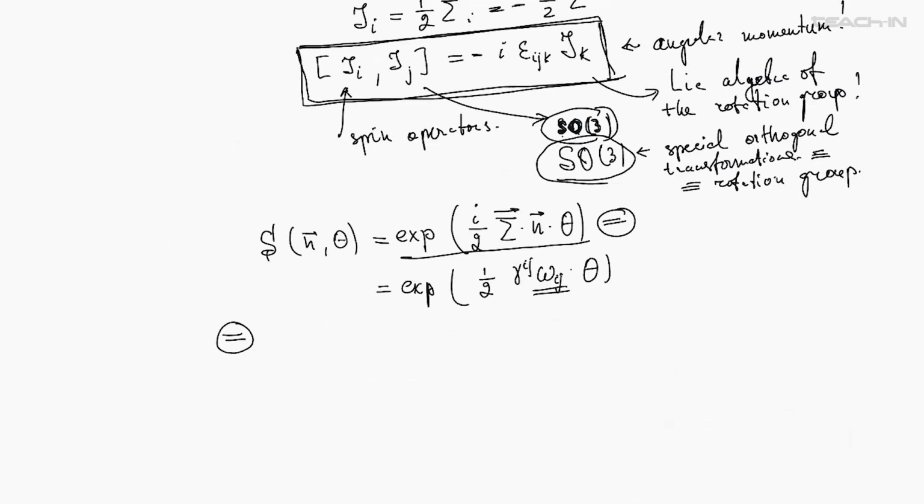Identity matrix multiplied by cosine theta over 2 plus i multiplied with sigma multiplied with n with sine theta over 2. So cosine theta over 2 multiplied with identity matrix plus the 4x4 matrix given by sigma multiplied with the unit vector n that specifies our rotation axis, multiplied with sine theta over 2.